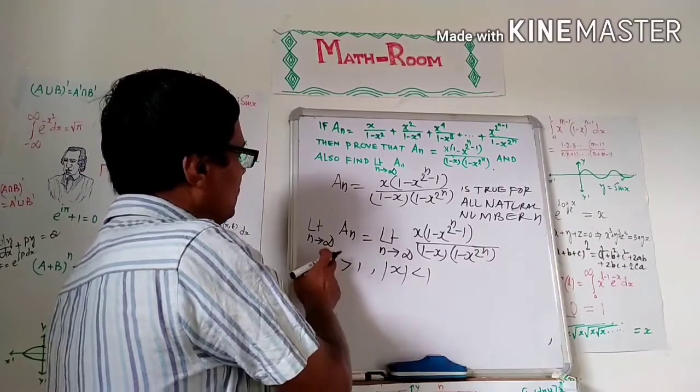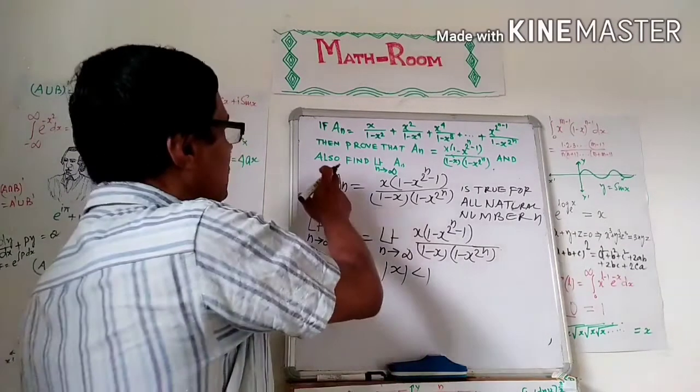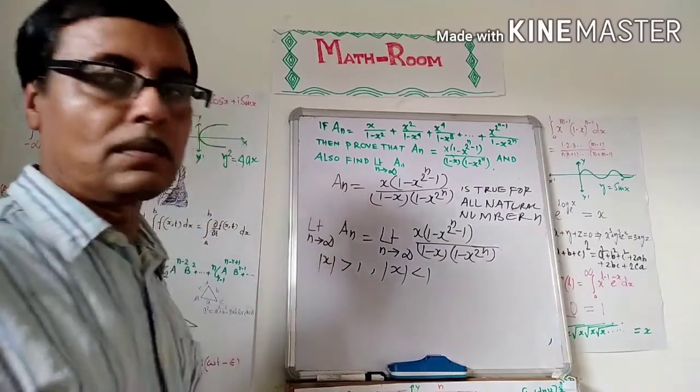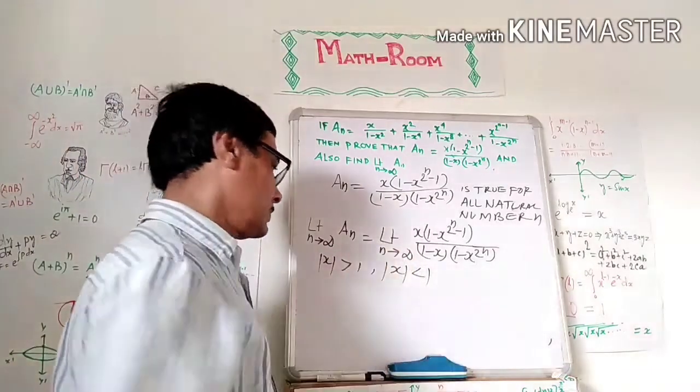We have to check the limit as n tends to infinity for mod x greater than 1 and mod x less than 1.